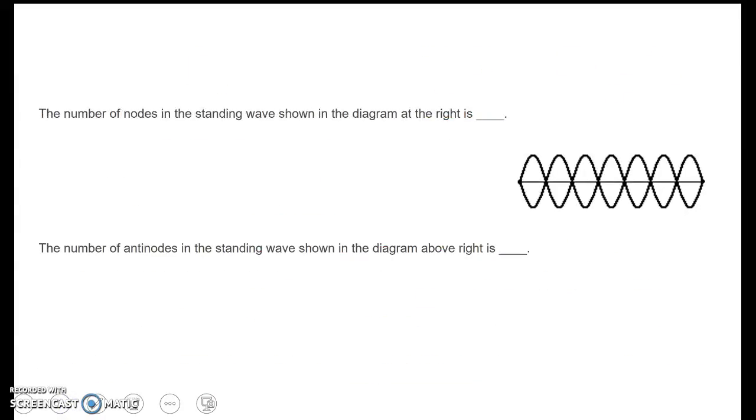So let's take a look here. How many nodes do we have here? Again, nodes are here. 1, 2, 3, 4, 5, 6, 7, 8 nodes. And then the number of antinodes, 1, 2, 3, 4, 5, 6, 7. And we can count those just by looking at the standing wave pattern.